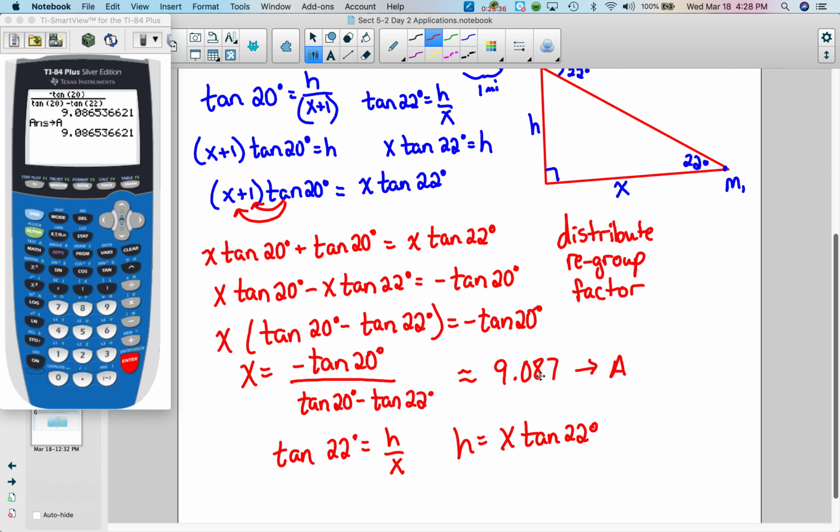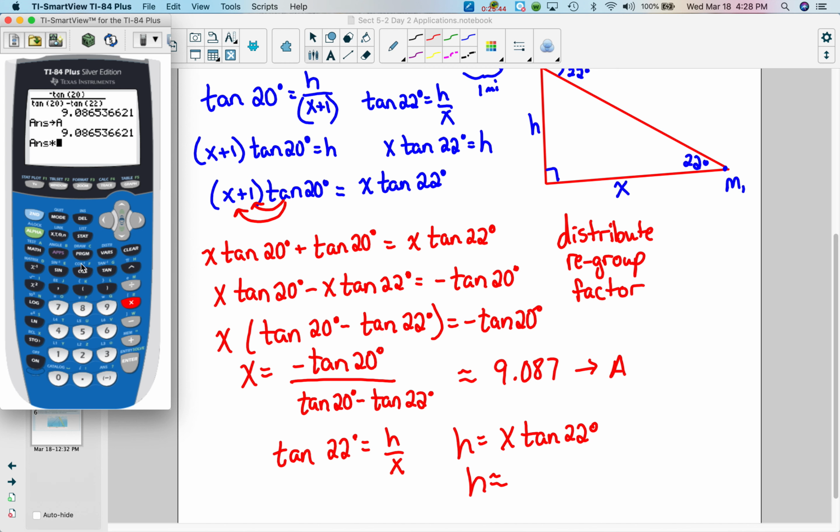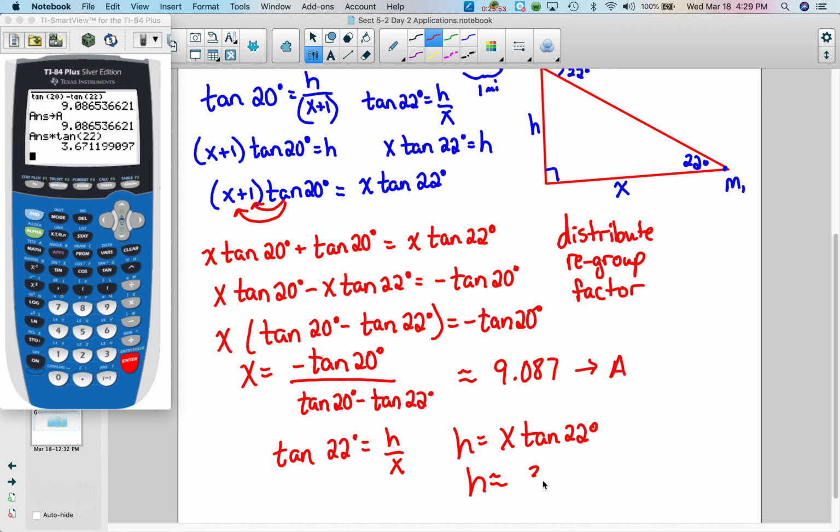Actually, I didn't need to store it because I already have it stored right there. So I'm going to leave this on my calculator and multiply by tangent 22. But now you know how to store something in case you ever need it. So I get h is approximately 3.67, and my units were in miles. So that would be the height.